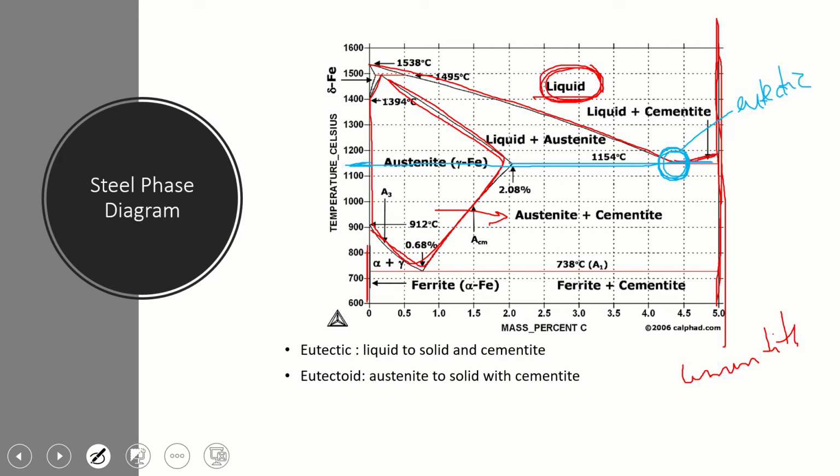But now we have a new point, this point right here, and this point is called the eutectoid point, and this is where the reaction is happening at this temperature. The eutectoid happens when we go from austenite to solid with cementite.